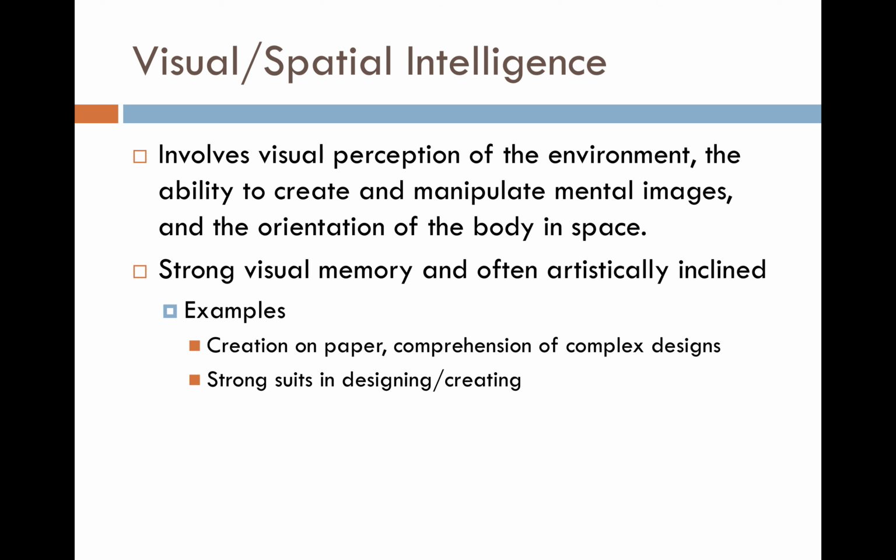Some of the things they like to do are create things on paper, comprehend complex designs, and design and create. So if you see this type of intelligence within students, more than likely this is what they are stronger in.